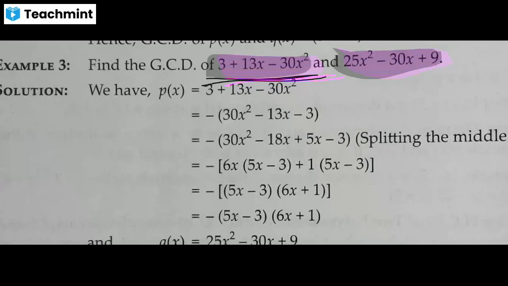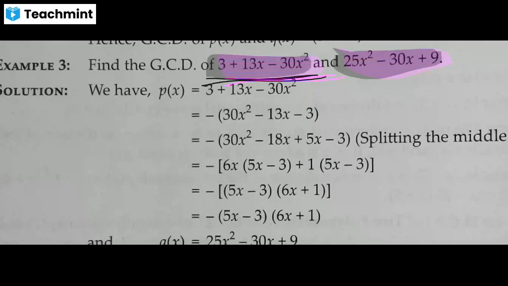For that we have learned factorization first. Mostly I was focusing on factorization by splitting the middle term and a few simple examples using some algebraic identities. By seeing the polynomials, you must be able to identify yourself whether to factorize by splitting the middle term or some other way.